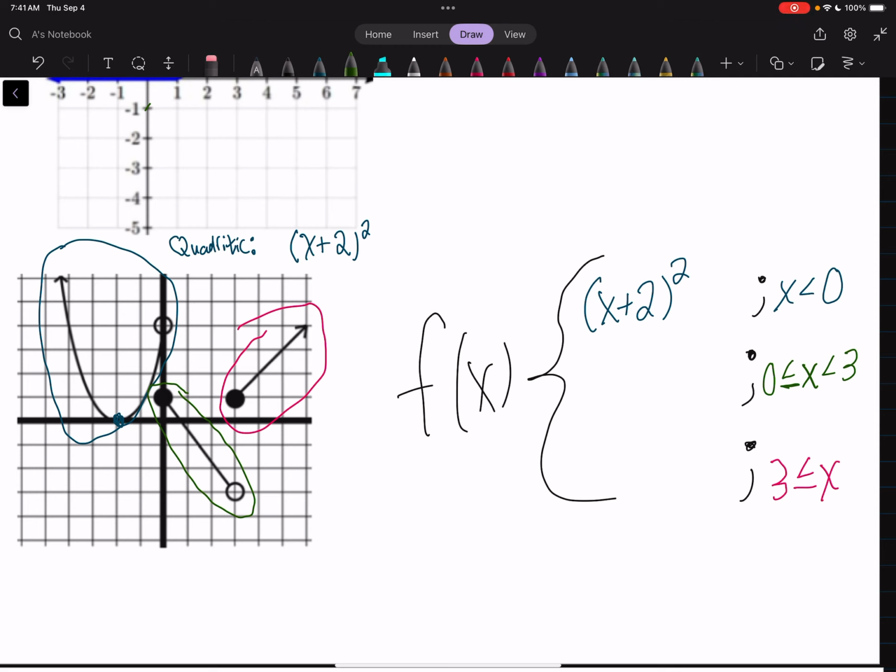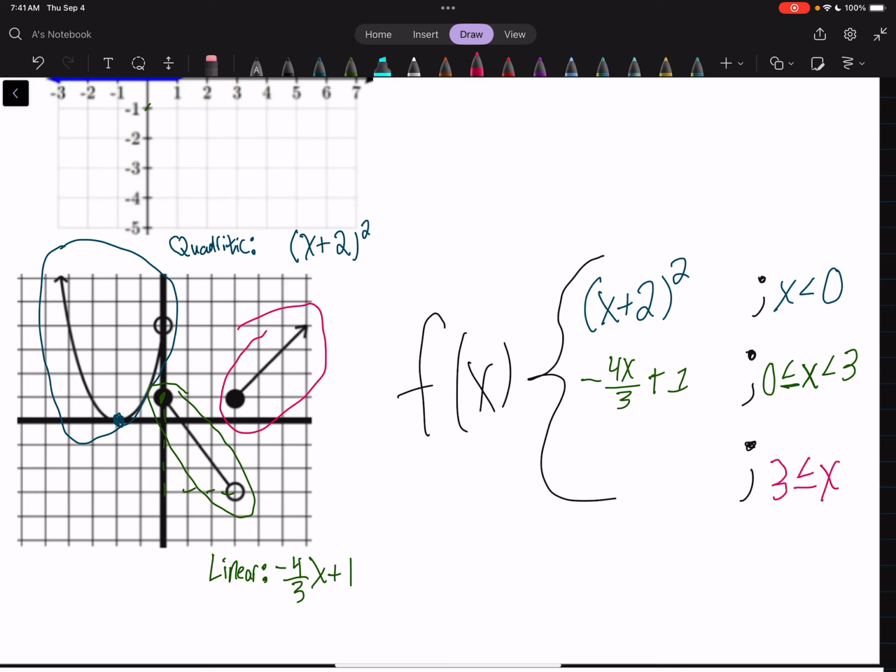My green function is linear. So that means I have an x. The slope is down 1, 2, 3, 4, right 1, 2, 3. Is -4/3. And my y-intercept is at 1, so +1. My green function then is -4x/3 + 1.